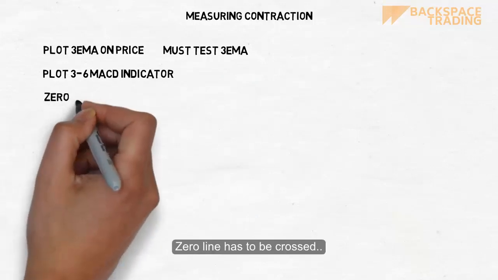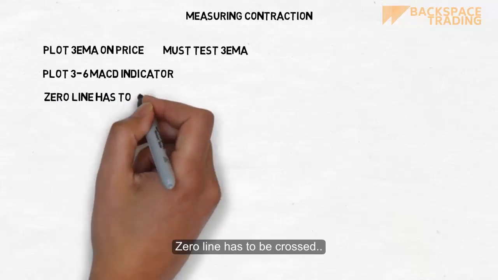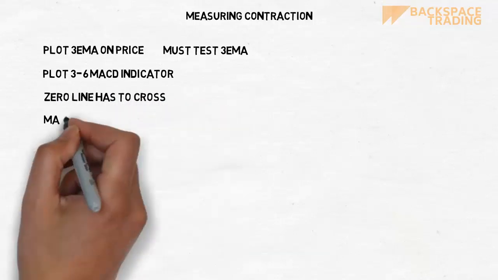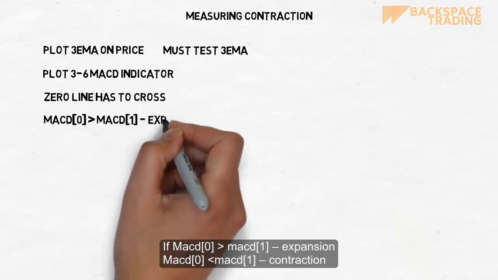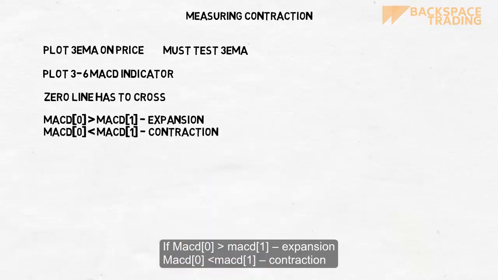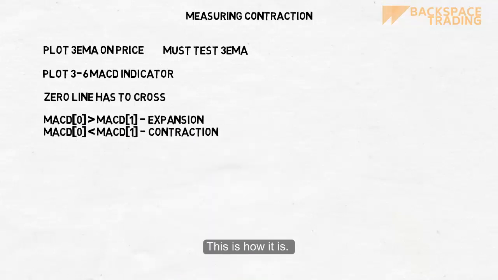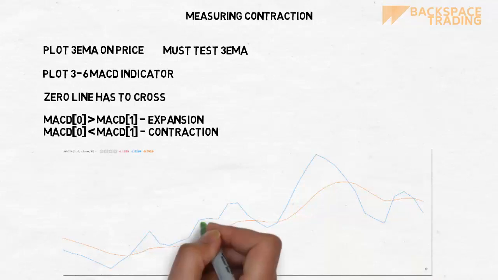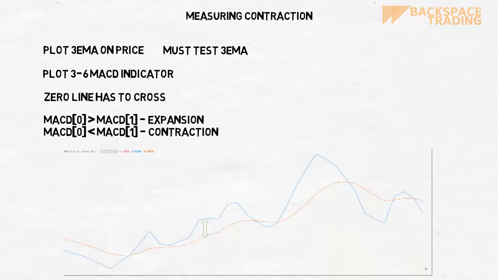Here the 0 line has to be crossed. Don't worry, I will show you how this is done. MACD of 0 should be greater than MACD of 1, that shows expansion. MACD of 0 less than MACD of 1, that shows contraction. Look into the MACD like this. This is the MACD 3-6. What I'm going to mark is expansion. That is expansion.